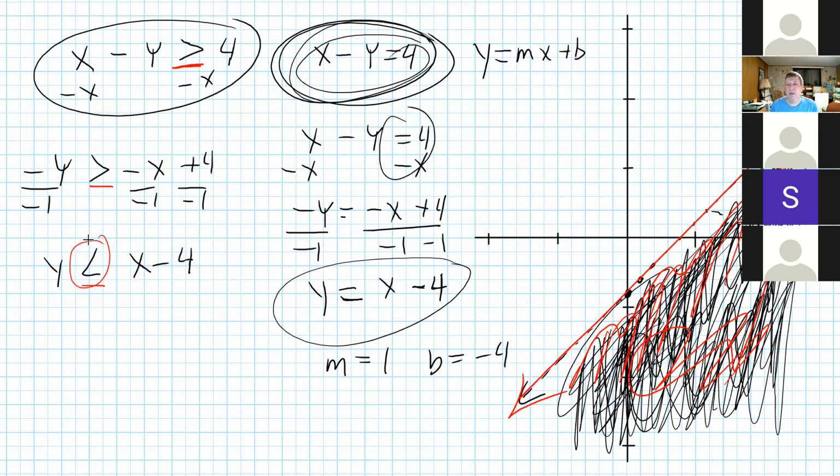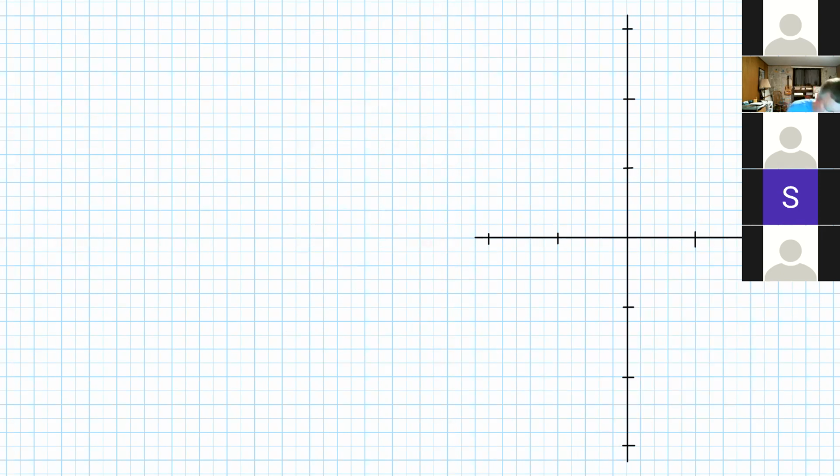Okay. Now, I'm going to go back and do this same problem again, do it a second time, but use the other method. Okay. So let's change this to black, and let's go on to the next page. X minus y greater than 4.